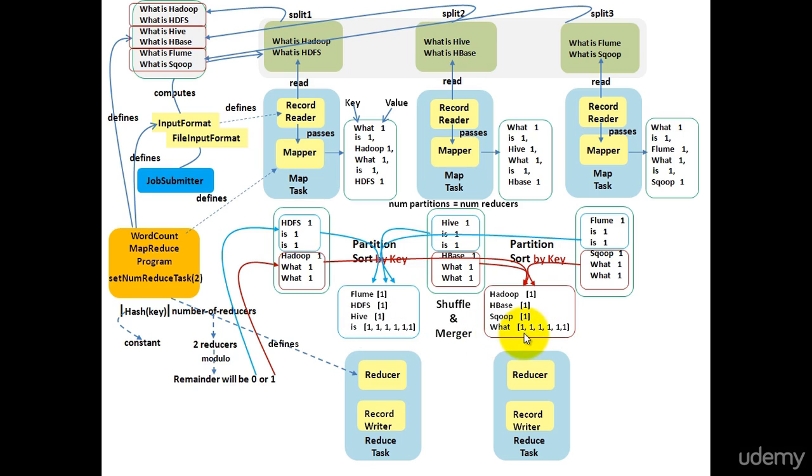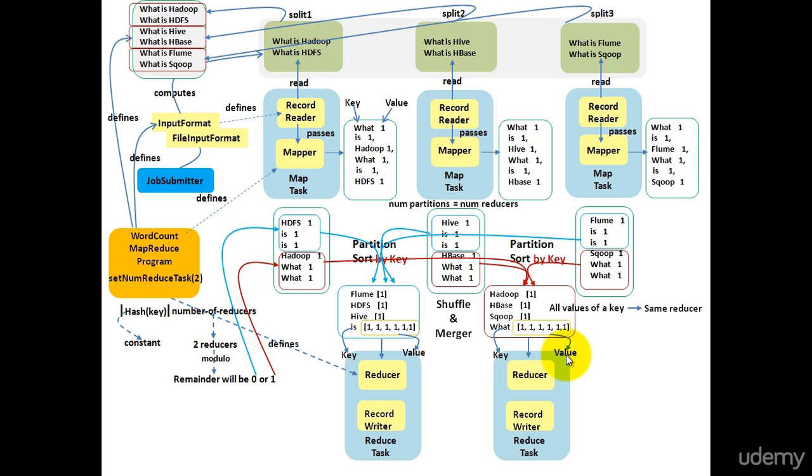So the important point here is that partitioning and shuffling will make sure that all the values of a particular key does not go to different reducers. Rather, it goes to the same reducer. In our example, all the values of the key what has gone to the second reducer. Since the second reducer got all the values of the key what, it can compute the total count of this word.